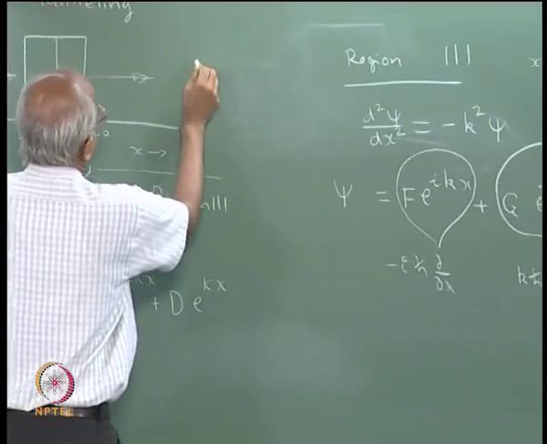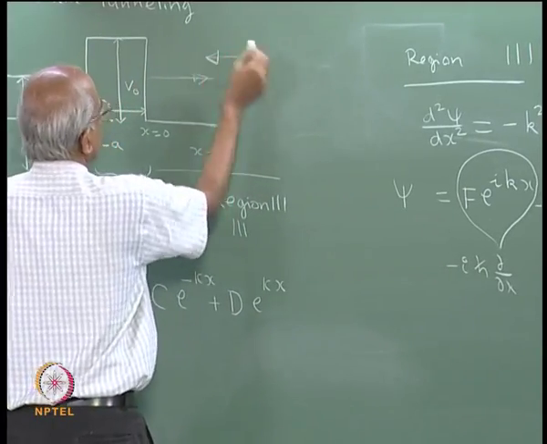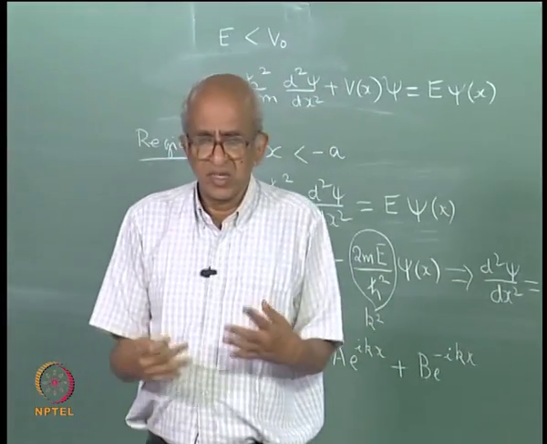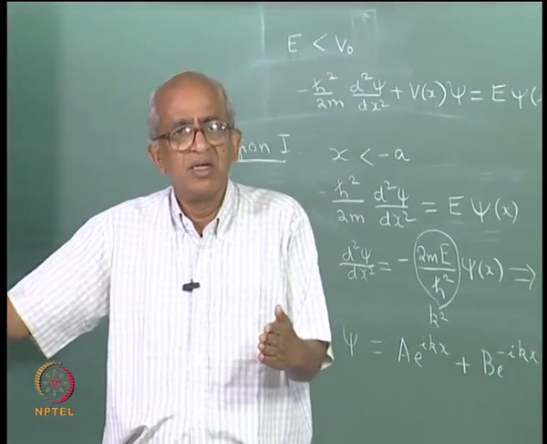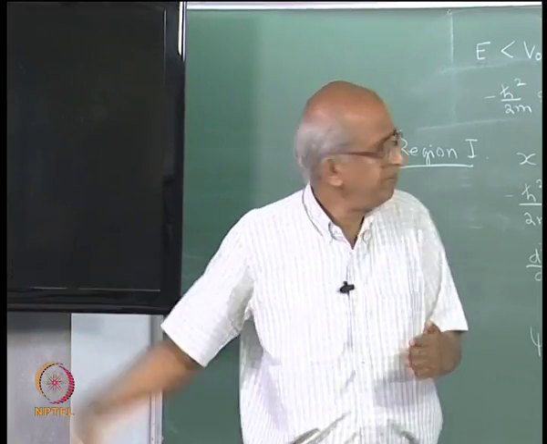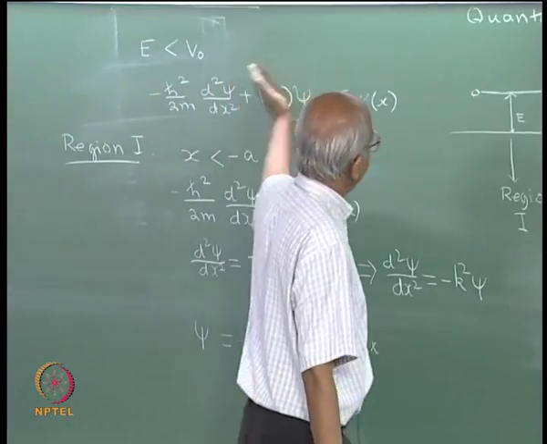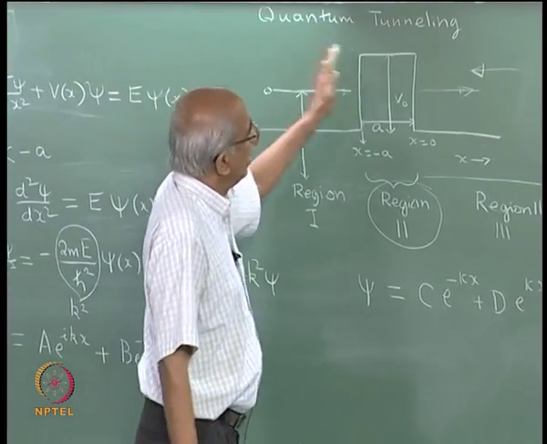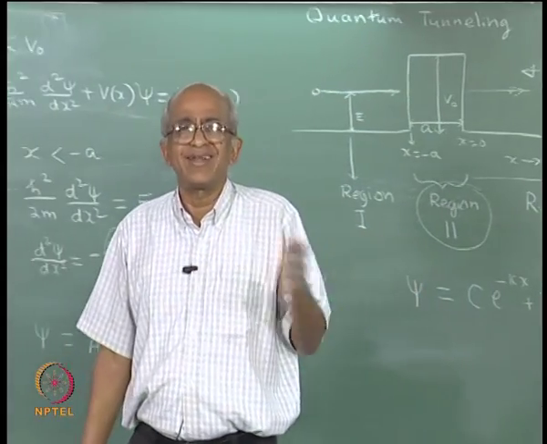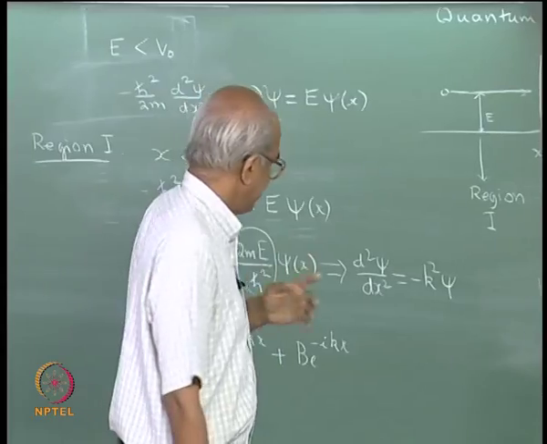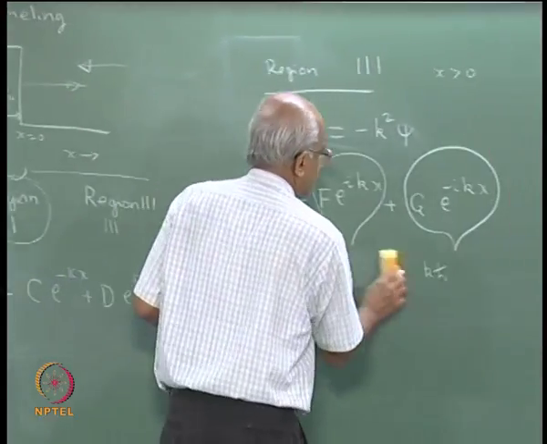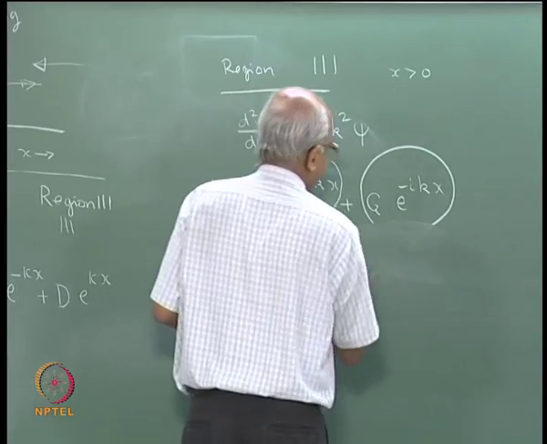So that part will represent particles which are moving in the negative x direction, and because of the way I am doing my experiment, what is the way in which I am doing my experiments? My particles are incident on the barrier from this side, and therefore on the other side I do not expect any particle to be moving in the negative x direction. That immediately tells me that for this physical situation the value of g must be equal to 0.